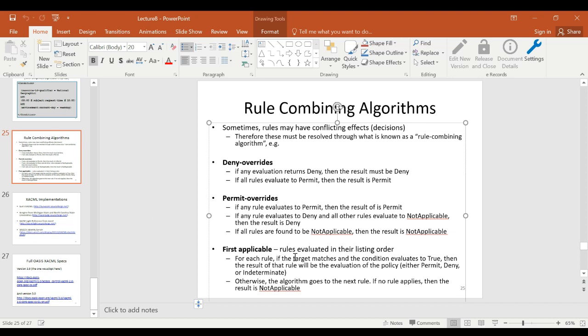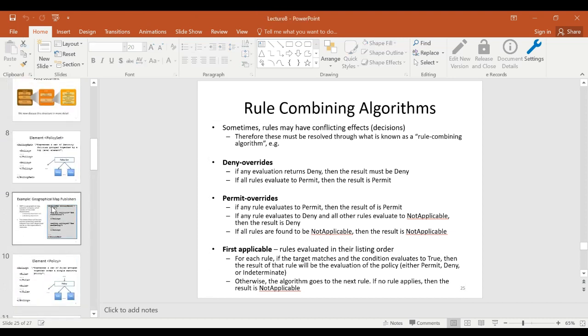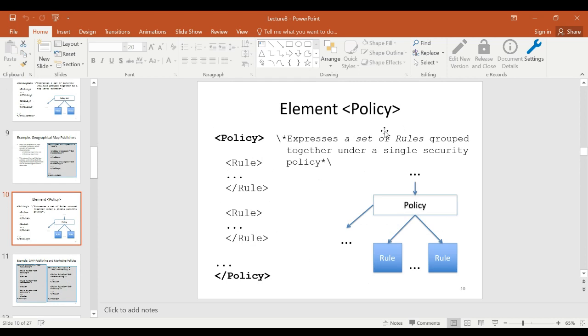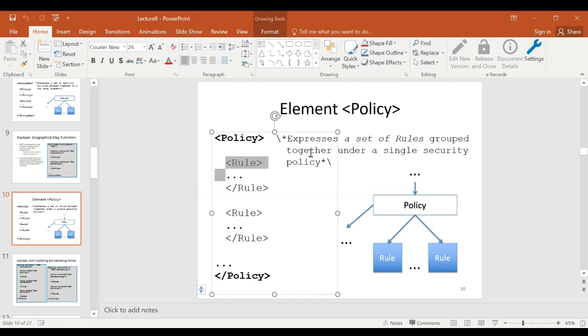There is also something called first applicable. If you saw in the slide when we talked about the policy, we said that the policy consists of a number of rules. Now, the first applicable makes use of the order in which you are writing these rules.